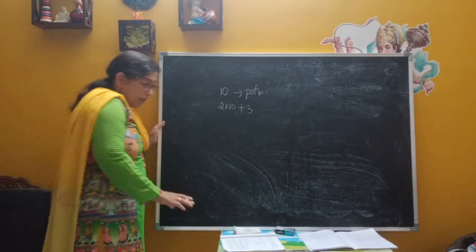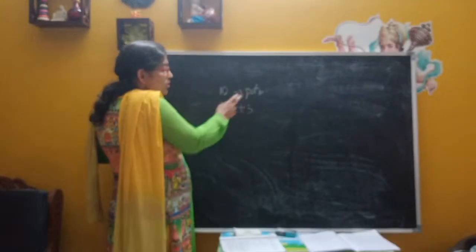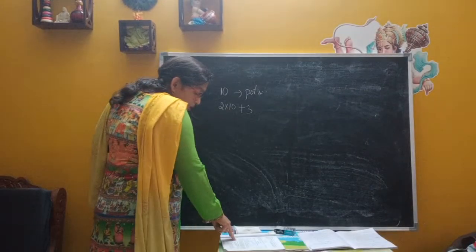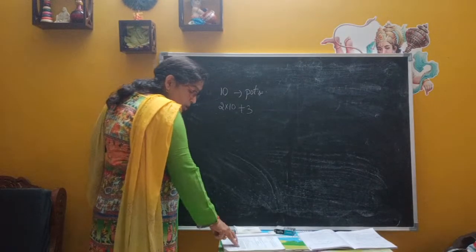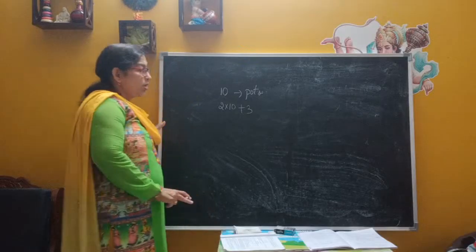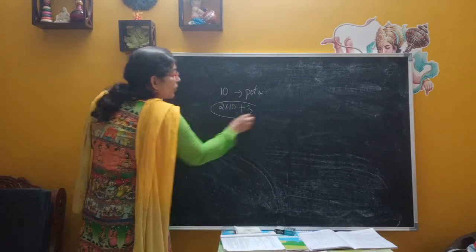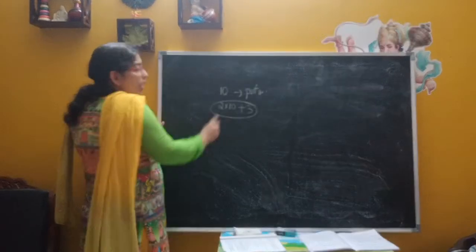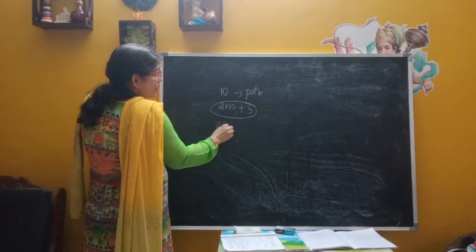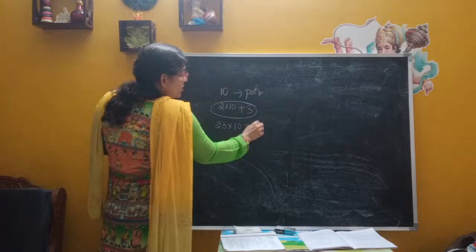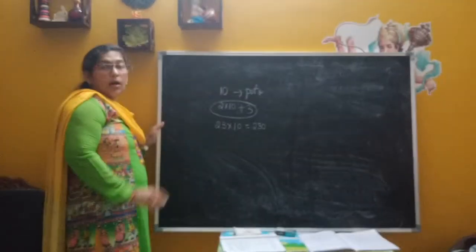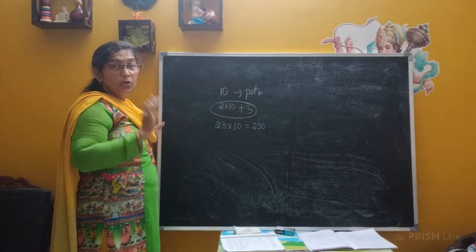So depending on the number of articles produced, cost will be fixed. And how much here? Total cost of production. Suppose one pot is 23 rupees, then for 10 pots, 23 into 10, it would be how much? 230 rupees. Similarly, here we don't know how many articles have been produced.